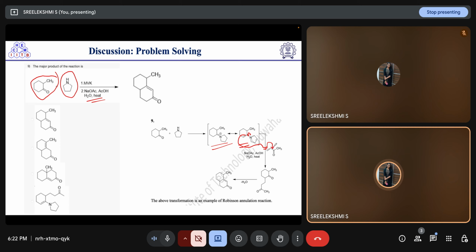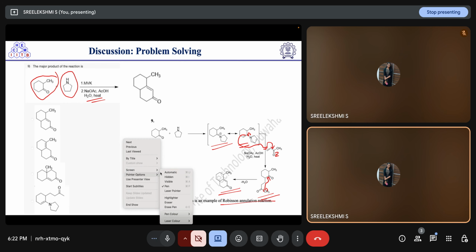This will come over here, this will come over here, and then that can again come, and that can result in the formation of this compound. Then elimination of water, that is alpha proton abstraction, and that can attack at this ketonic center to form this compound. So this is an example of Robinson annulation reaction.